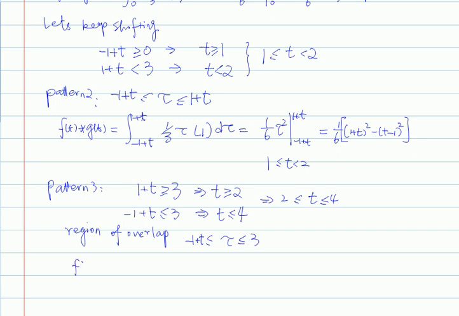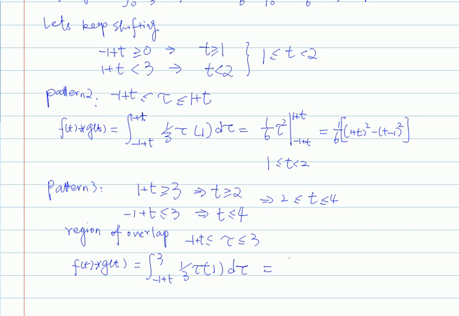So now my convolution will simply be the integral from -1 plus t to 3, and the integrand is still the same: 1/3 tau, and 1, d tau.